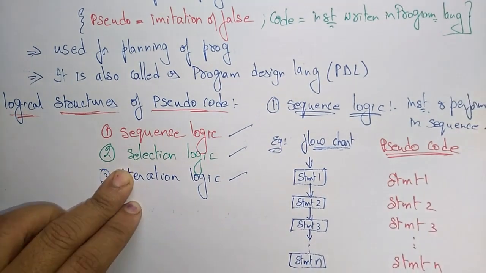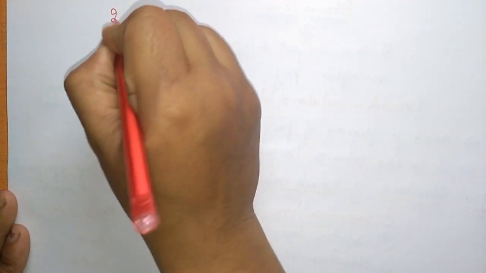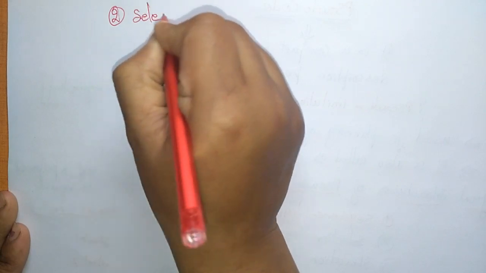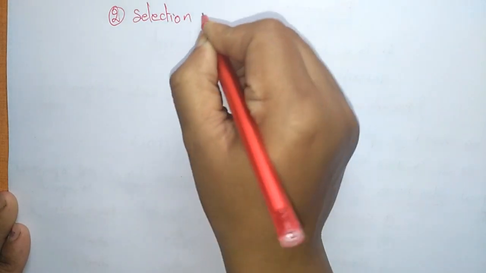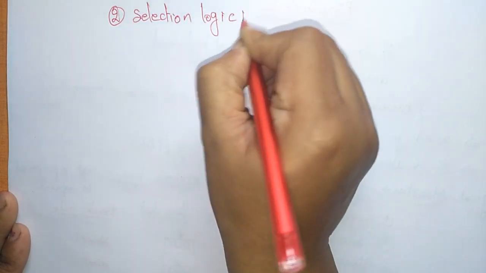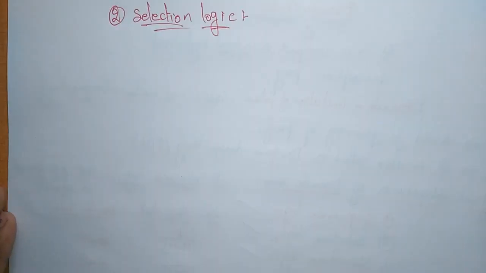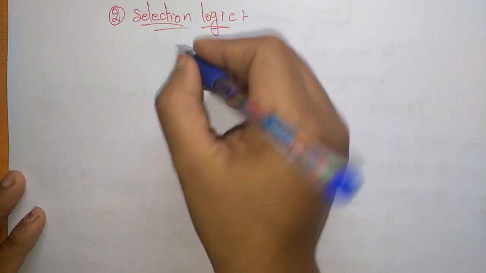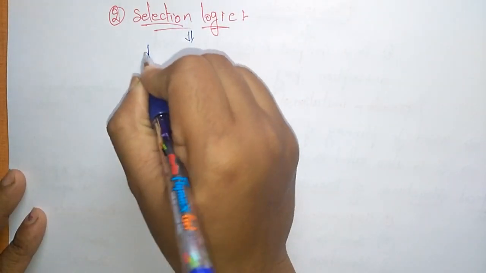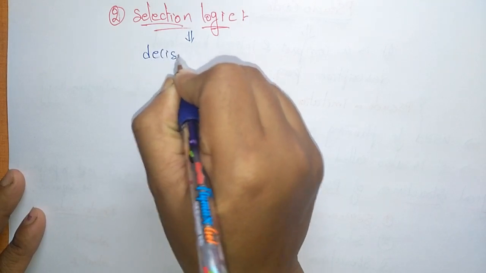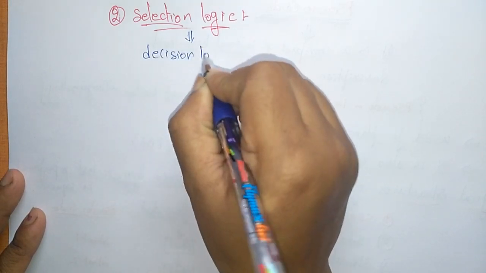So now let us see the second one, selection logic. Here the name says selection, which means you are taking decisions. It is also called decision logic.